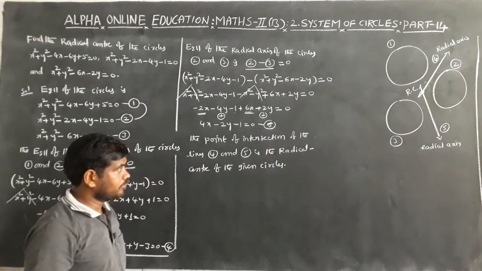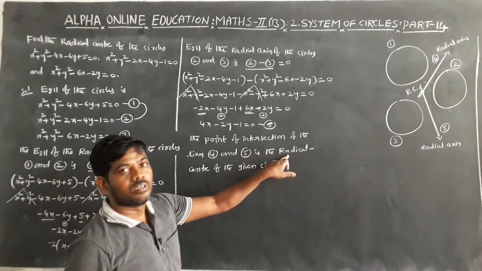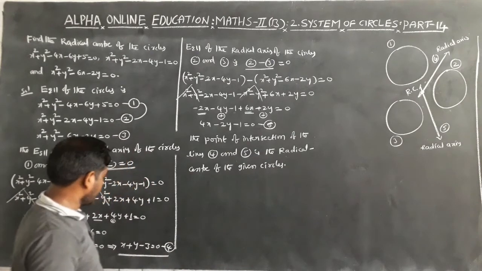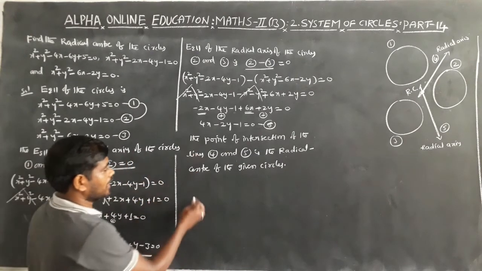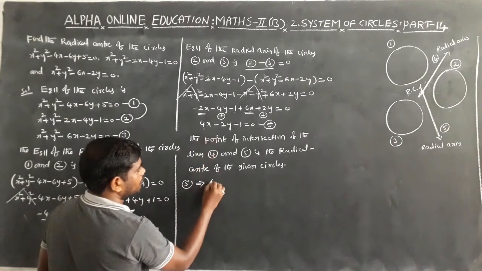From 4 and 5, the fifth equation, write down the same.